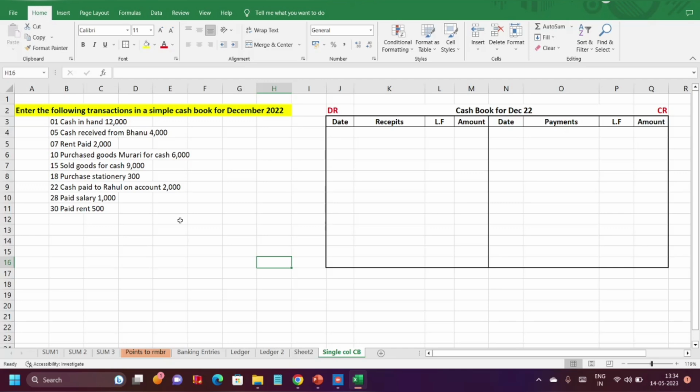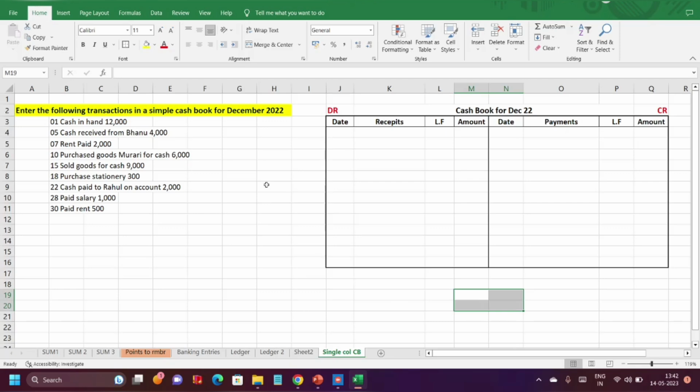December 10, purchased goods from Murari for cash 6000. 15th December, sold goods for cash 9000. 18th, purchased stationery 3000. 22, cash paid to Rahul on account 2000. Paid salary 1000. Paid rent 500. So let us start recording these transactions in our single column cash book.